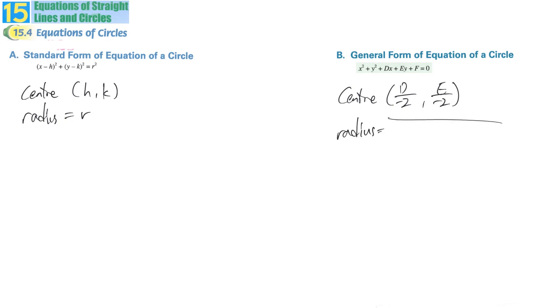The radius is equal to the square root of (d divided by -2) squared, the center x coordinate squared, plus the center y coordinate squared, minus f. You don't know how we get this formula. I will try to show you when you know how to change from general form back to the standard form.